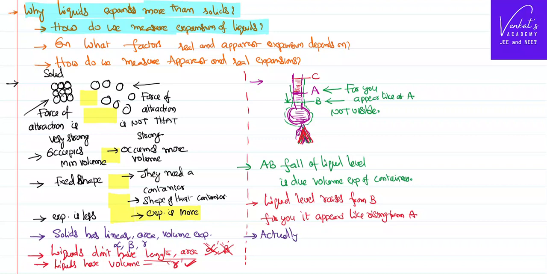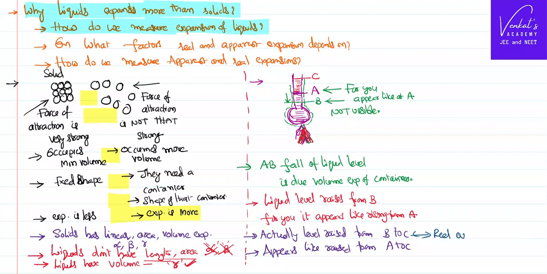Actually the level rose from B to C. But it appears as if it rose from A to C. So it's rising actually from B to C. That kind of expansion is called real expansion of liquid.